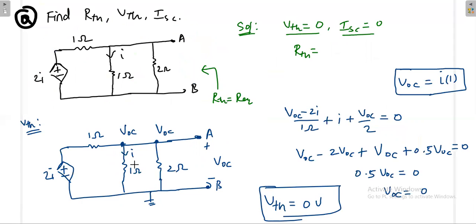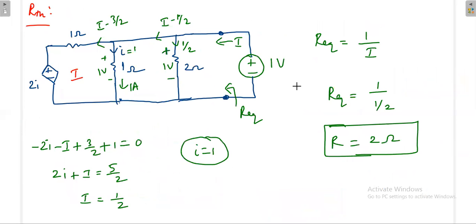Purposefully I have removed that independent current source. Then I am doing the case 3 model. So R is equal to 2 ohm.